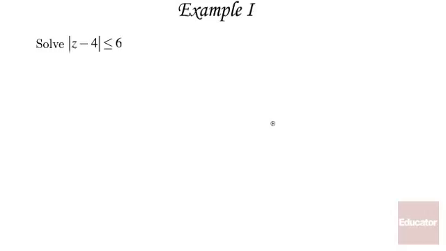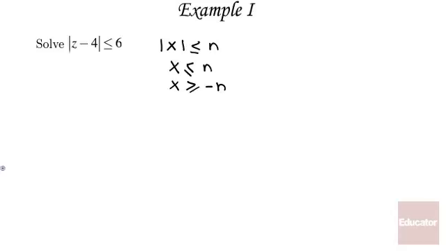In example 1, I have the absolute value of z minus 4 is less than or equal to 6. I recall that this is the form where the absolute value of x is less than or equal to n, and I'm going to have two related inequalities from that: x is less than or equal to n, and x is greater than or equal to negative n.